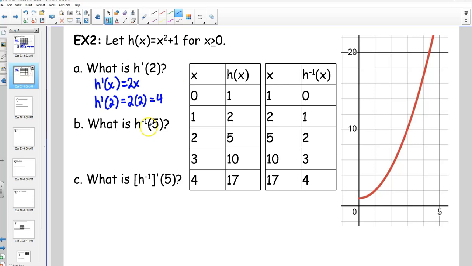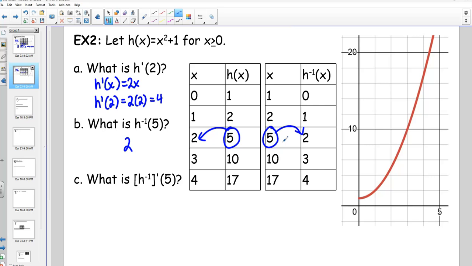So what is h inverse of 5? We could look at either one. If you've got the h table, you're just looking here, we get 2. Or if you're looking at the inverse table, we got this here, right? Now we want h inverse prime of 5.